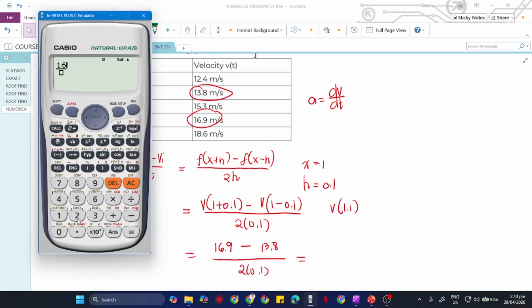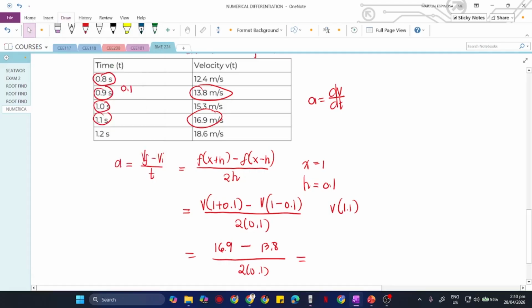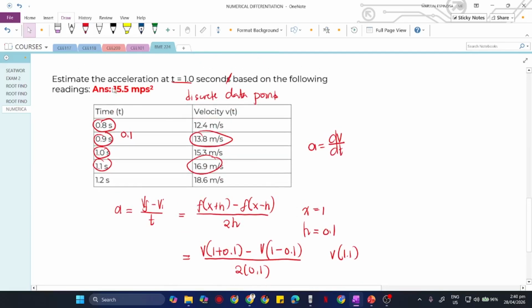So, that is 16.9 minus 13.8 all over 2 times 0.1. Makakuha natin na value is 15.5. So, basically, that is your acceleration at time is equivalent sa 1 second. So, this is 15.5 meter per second squared. Okay, yun yung sagot dito.